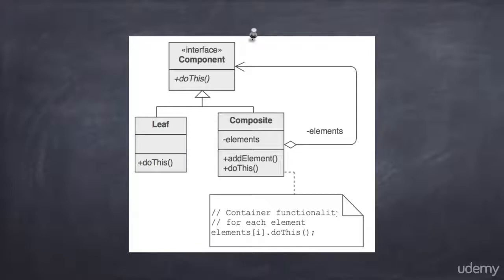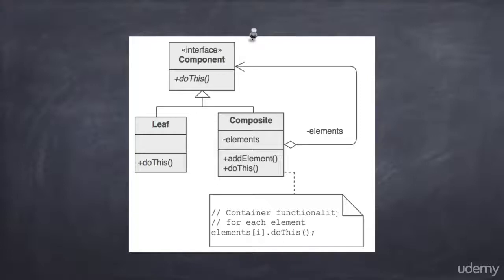On the left is the leaf class. It represents a component without any child components. As a result, there is no need to implement additional methods for handling child objects. Instead, all the leaf class does is implement the single doThis method.